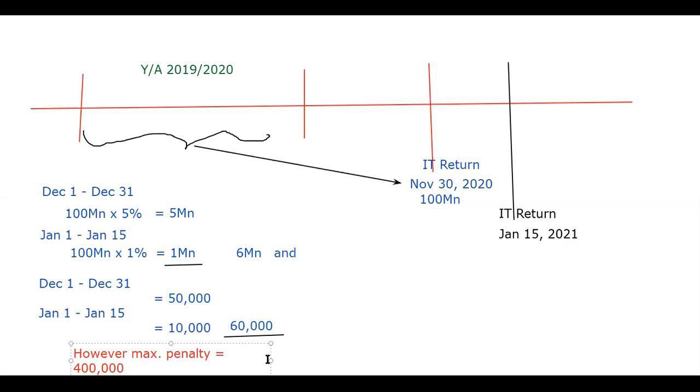Then this person should pay how much? Is it 400,000 or 6 million plus 60,000? It is 400,000, the penalty if you fail to furnish on the due date. The extension is not applicable for this.